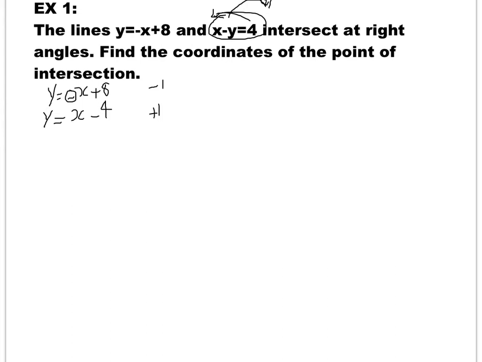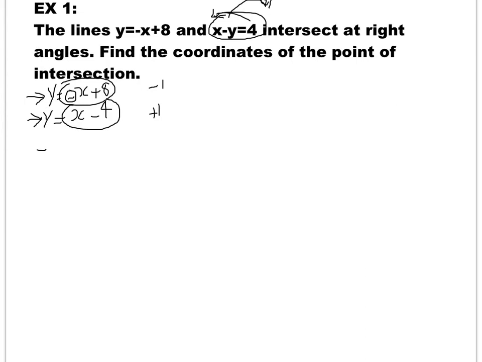using the substitution technique. The technique says the variable y here is negative x plus 8. The variable y here is x minus 4. So this means that the right hand side here, negative x plus 8, and the right hand side here, x minus 4, have to be equal because both of them are equal to y.